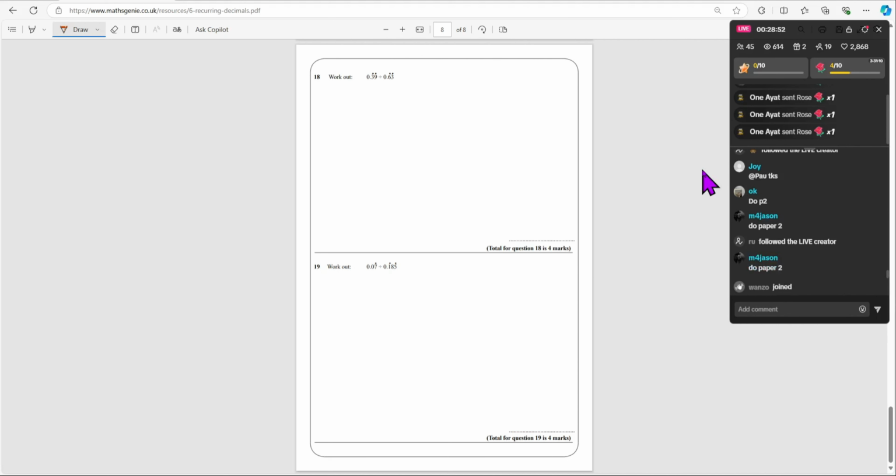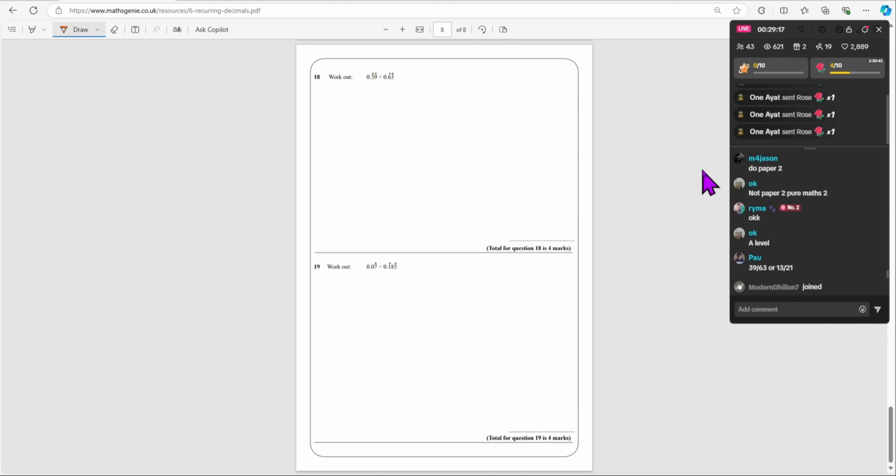Okay? So when you see these types of questions, dividing recurring decimals, they aren't actually that scary. First thing we have to do is convert both of those recurring decimals into fractions, and then we would divide the fractions. Okay?